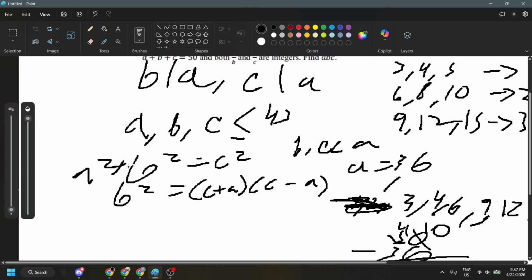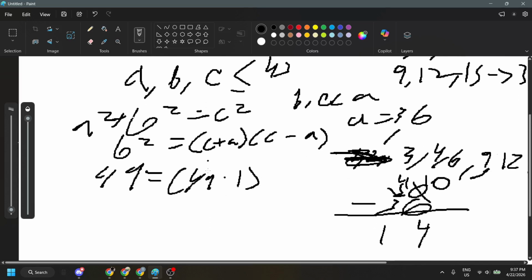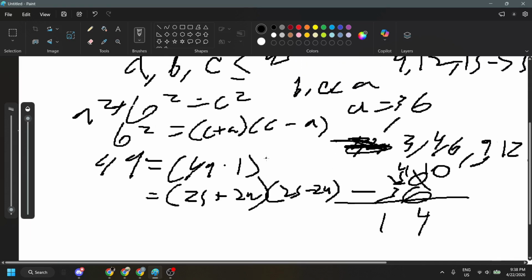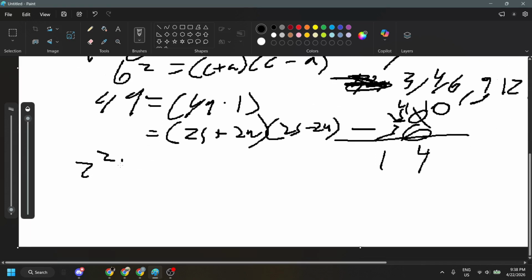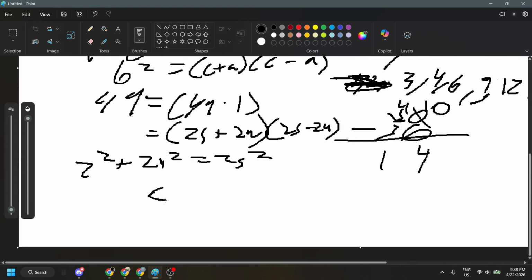You could say 49. Can you say 49 is equal to 49 times 1? Sure. What's the midway between these two? 25 plus 24 times 25 minus 24. So 7 squared plus 24 squared is equal to 25 squared. Okay. What's the sum here? Sum is greater than 50.